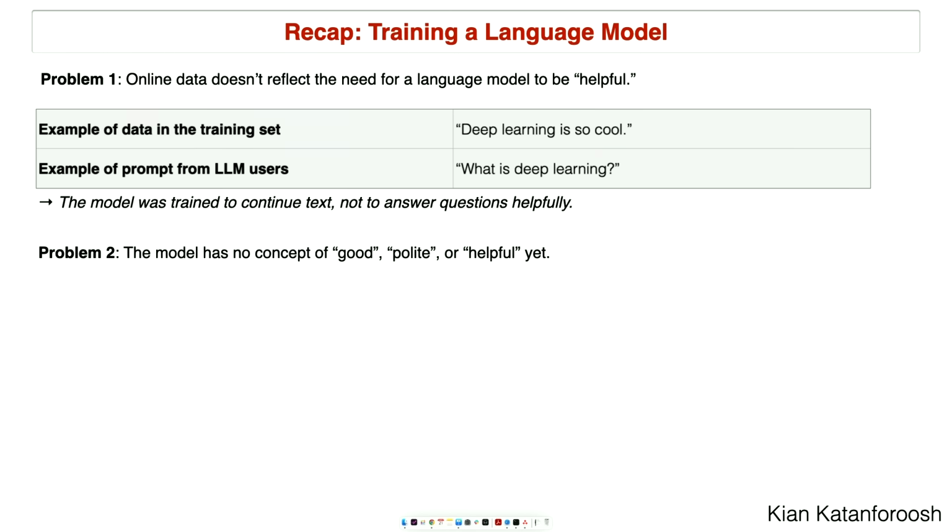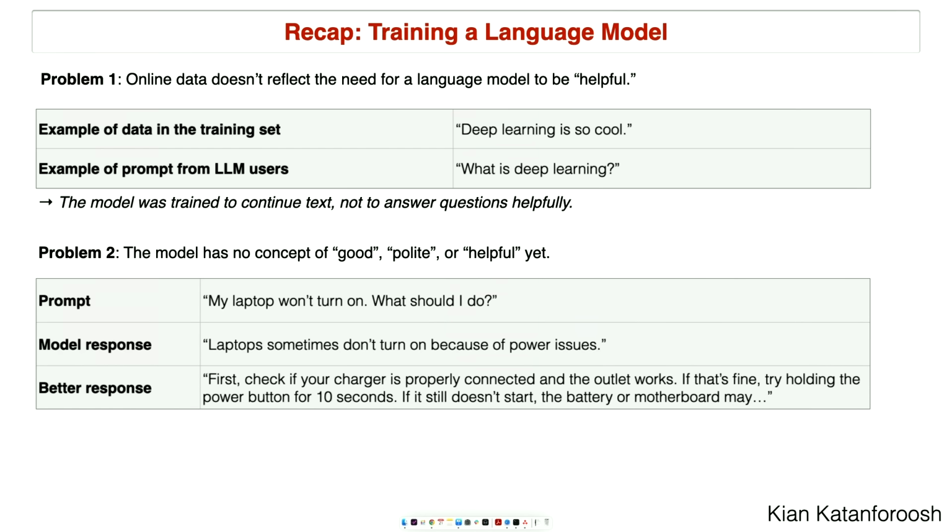Another problem is the model has no concept of good, polite, or helpful yet. To give you a concrete example, you might ask a pre-trained language model, my laptop won't turn on, what should I do? And then the model responds, because it has read it on Reddit or on Wikipedia, laptops sometimes don't turn on because of power issues, which is not what you asked. You ask, what should I do?